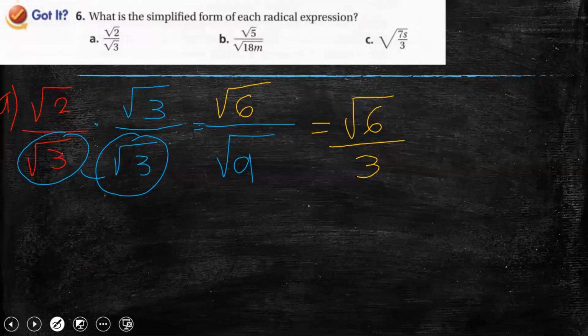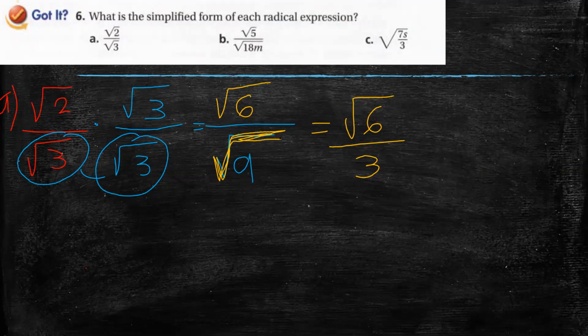We only write the number that gives us the answer, like 3 times 3 gives us 9, and then we write 3, not 9. No, here you have square root of 9. Don't forget it. Oh, okay.